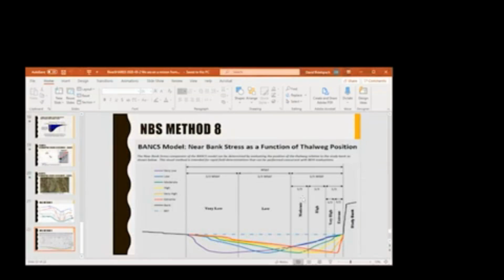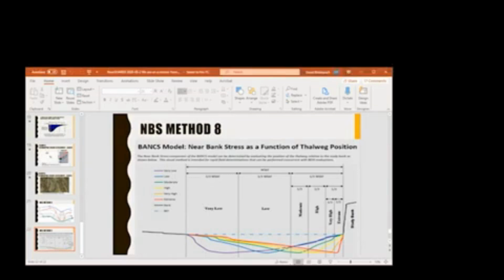Notes of caution on this. First of all, if you are building a bank erosion rate curve, this method is a little bit problematic in that you don't get a numerical value for the output. We've kind of been toying with a little bit to back out a numerical value for this, but typically when you're building the erosion rate curve, you're plotting an XY value of BEHI and of your near bank stress.